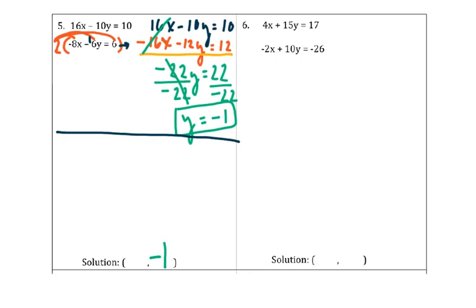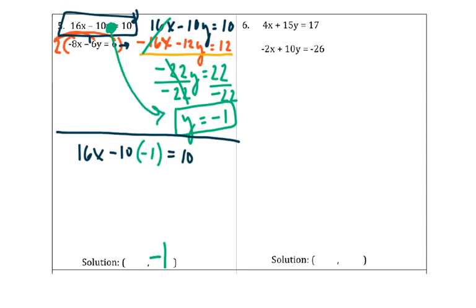So I'm going to pick the first one here because those numbers don't have a lot of negatives. So what I have here is 16x minus 10. Instead of this y value, we know that y is negative 1, equals 10. So I took this first equation and I rewrote it, but instead of y, I replaced it with the number that I knew that y was.